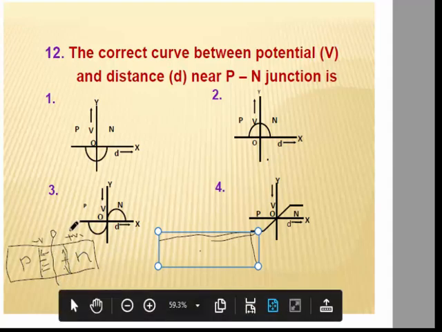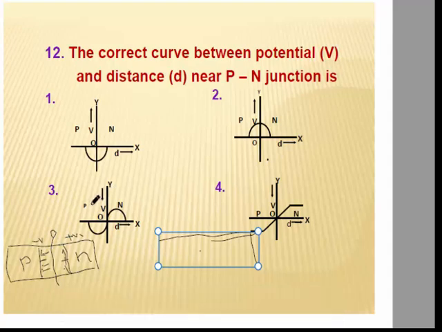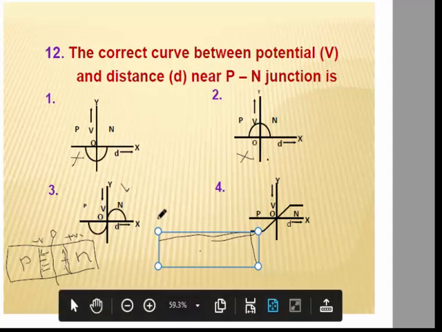If you move towards the junction, the negative goes to 0 and the positive comes to 0, meaning the potential is 0. Which graph correctly indicates potential 0 at the middle? It is not 1, it is not 2, but 3 and 4 may be possible. 3 and 4 have 0 potential at the center.